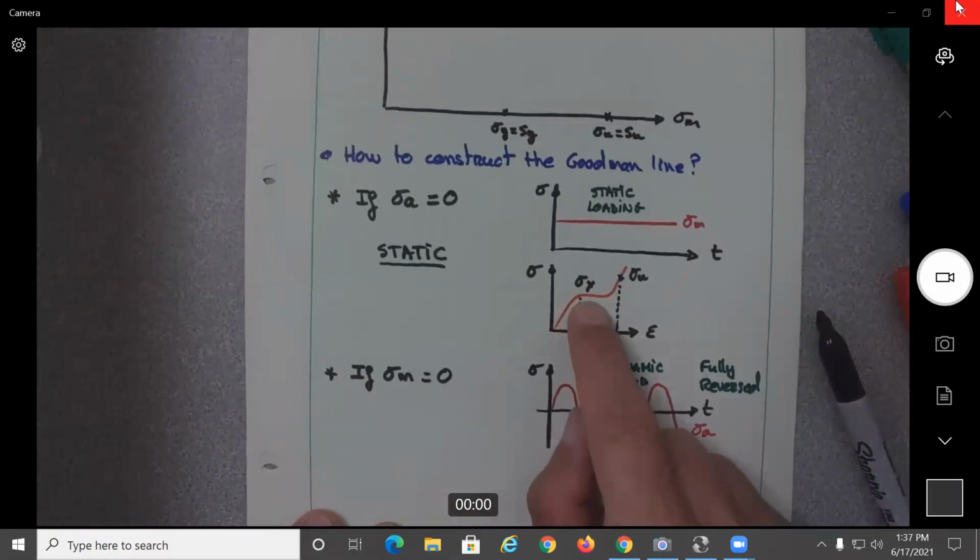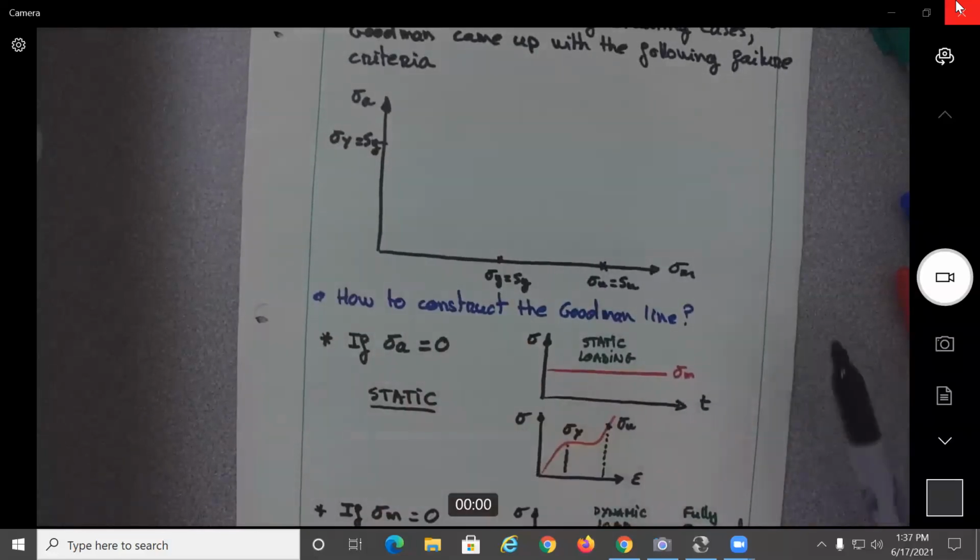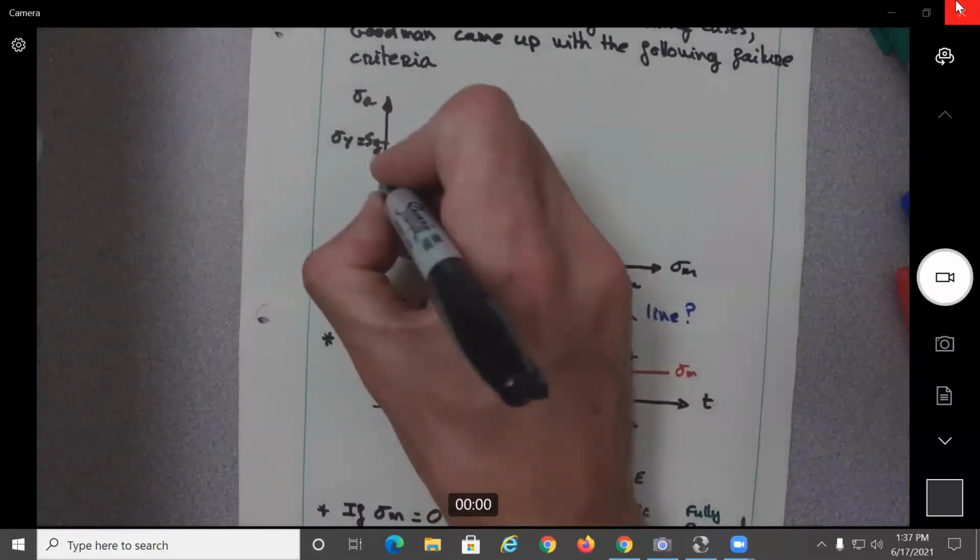This is static loading. You can take the load up to this case here, and from here we'll start deforming. But let's say that you go just the mid-range, but you apply this load 1,000 times. This is still going to make the structure fail or break. All right. So you can have here an endurance stress. Let's say it will be here.